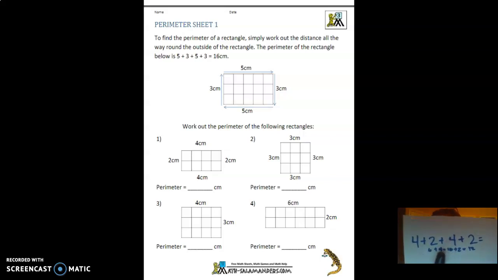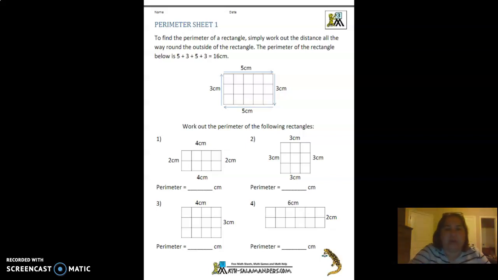But then you need to add 4 more. Then that's going to equal 10, right? And then you add 2 more, which equals 12. So 4 plus 2 plus 4 plus 2 equals 12. So you just count 4, 5, 6, and then count 7, 8, 9, 10, and then 2 more, 11, 12. So here's your answer.